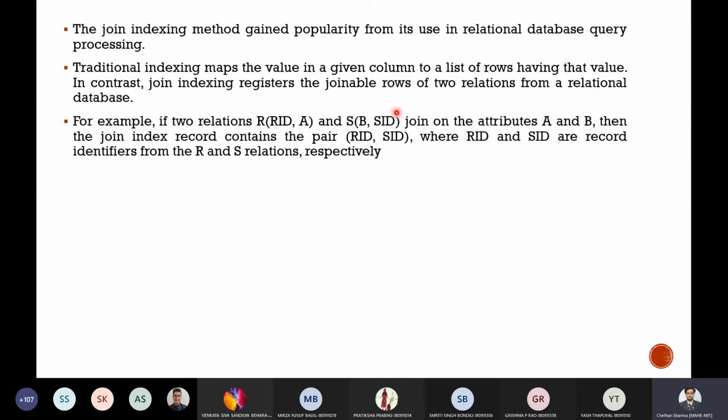Since this pair is entered in the join index record, it can identify joinable tuples without actually performing the join operation, which is considered costly and might require certain computational power. So join indexing is especially useful if you want to maintain the relationship between a foreign key and its matching primary key in a join relation.